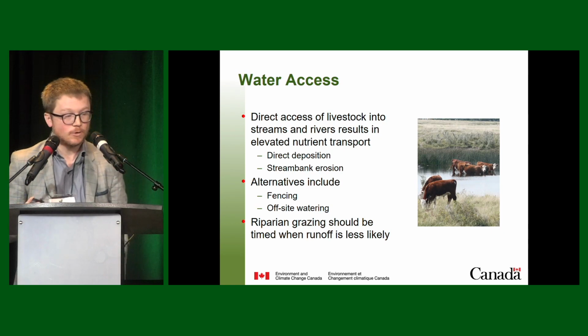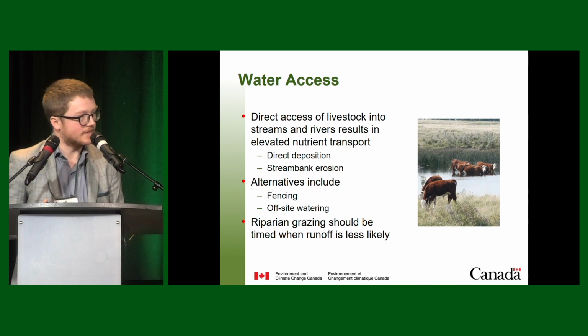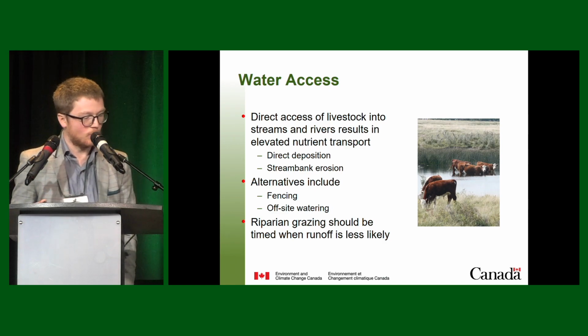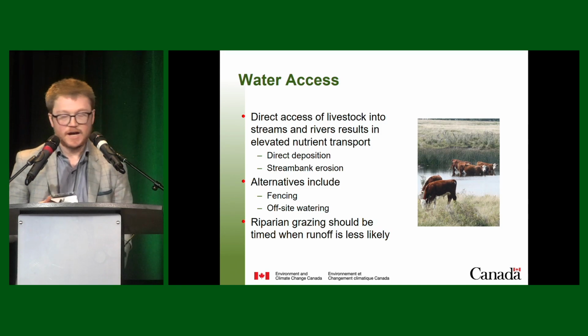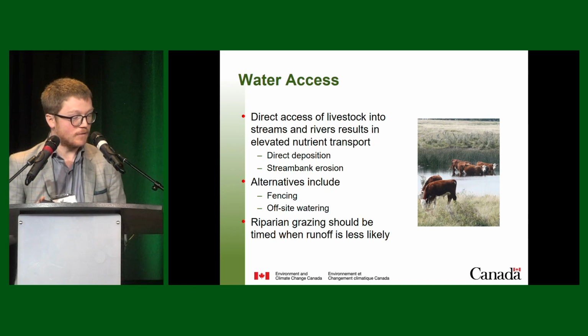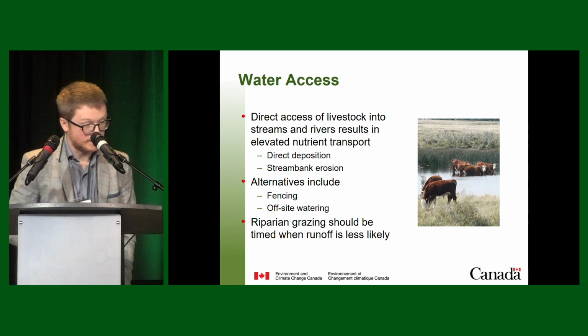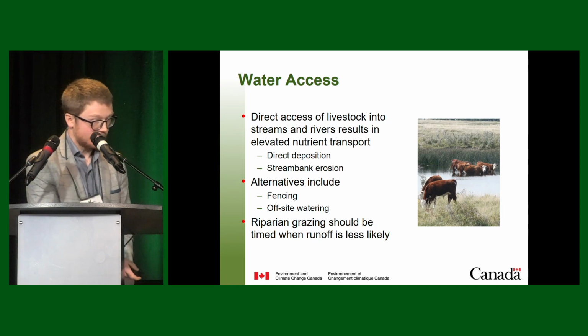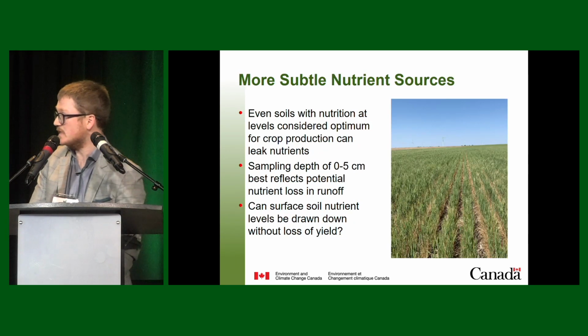Well, look at fencing, of course, as a physical barrier, or providing watering off-site in tanks outside of the water body to keep those livestock out of that water body. The other consideration, if possible, is to think about the timing of riparian grazing when the potential for runoff risk is less likely.